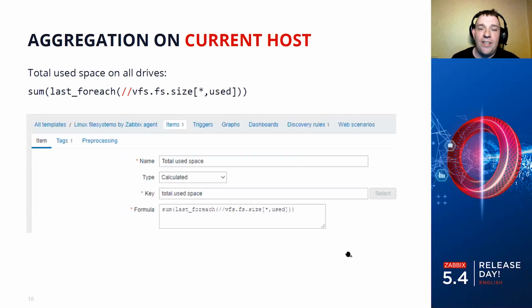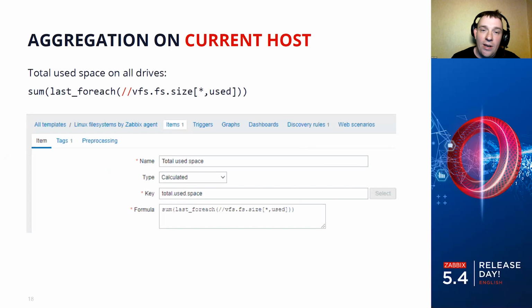Going further, a different type of aggregation. It's using the same approach but a different use case. So let's say we are monitoring the disk space. We are capturing the usage space, and a Linux or Windows machine can have different drives, different mounts.